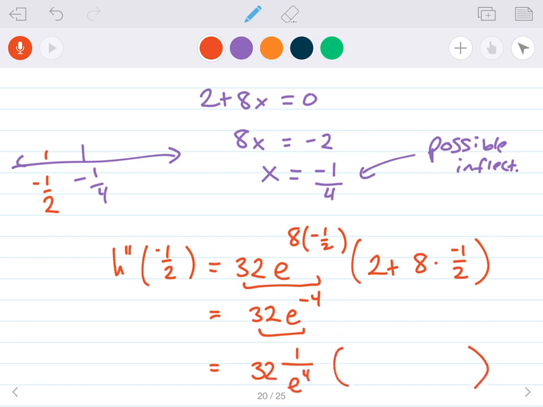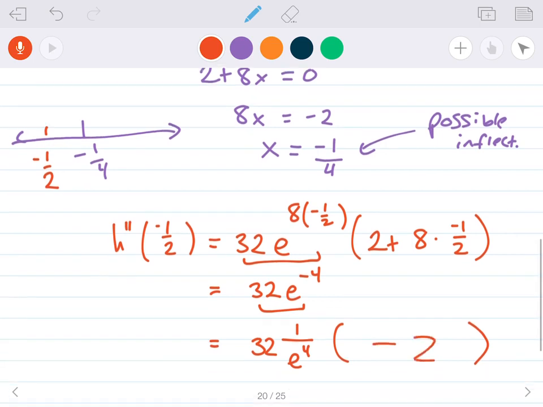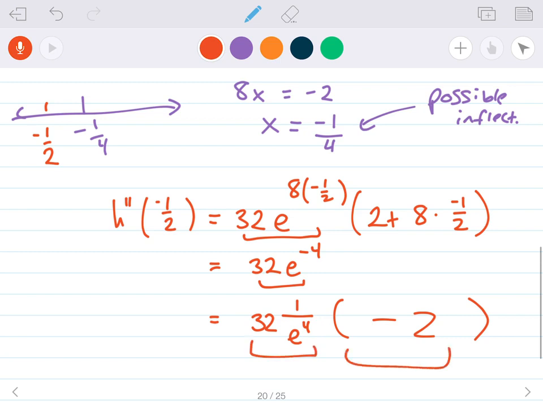Now, the second part, I have 8 times negative half, which is negative 4. Negative 4 plus 2 is negative 2. So a positive times a negative better be negative. So at that test point, we're going to get negatives.